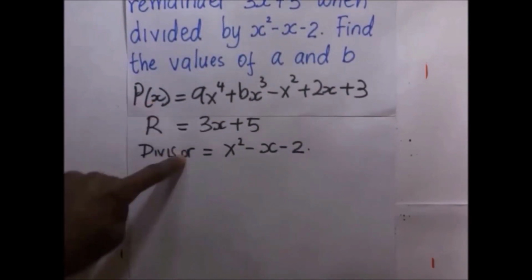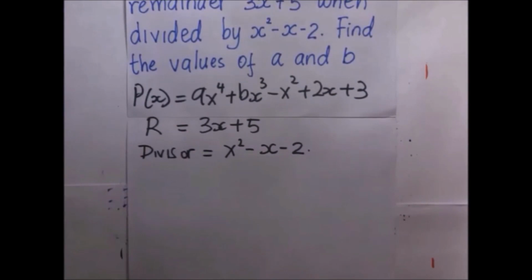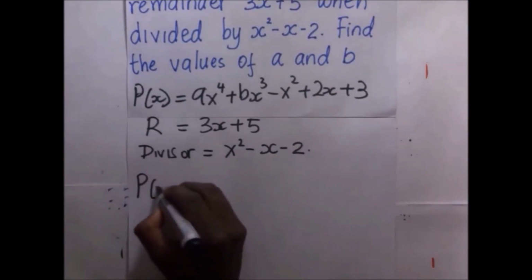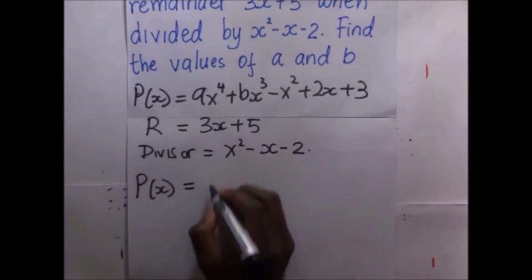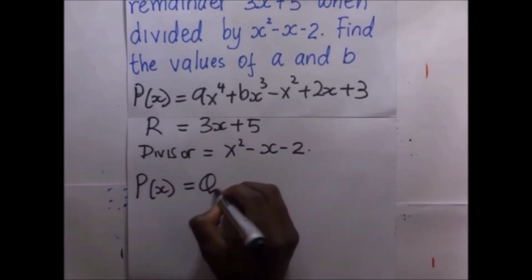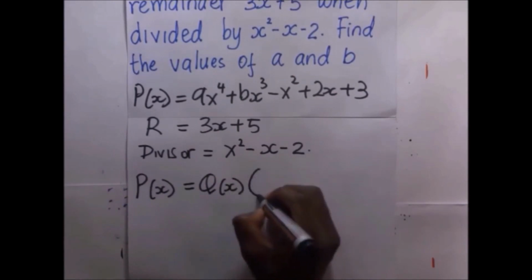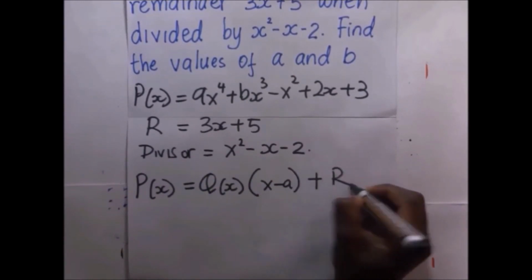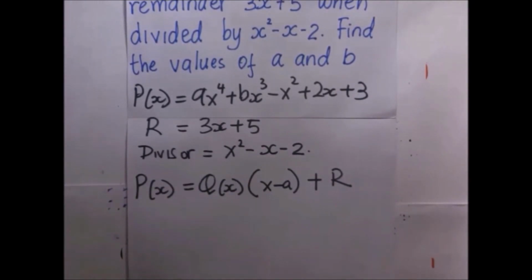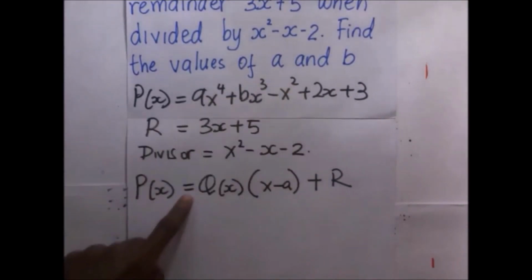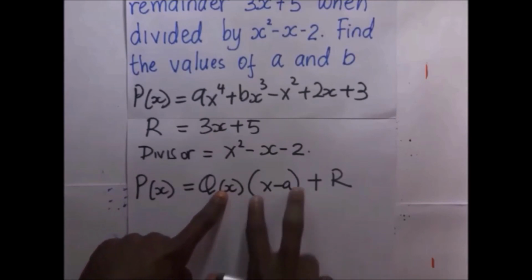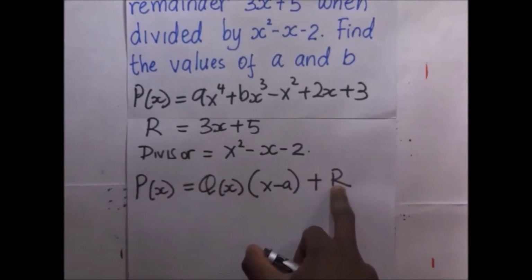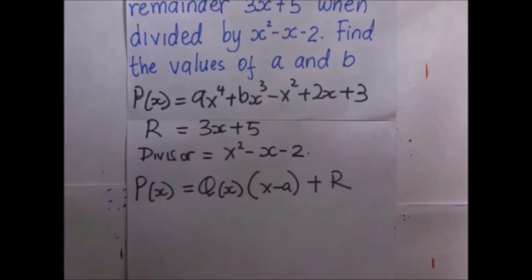Now, we all know that our polynomial is going to be equal to the product of the quotient times the divisor plus the remainder. In this case, our polynomial is equal to our quotient times our divisor, which is going to be that, plus our remainder, which is going to be 3x plus 5.